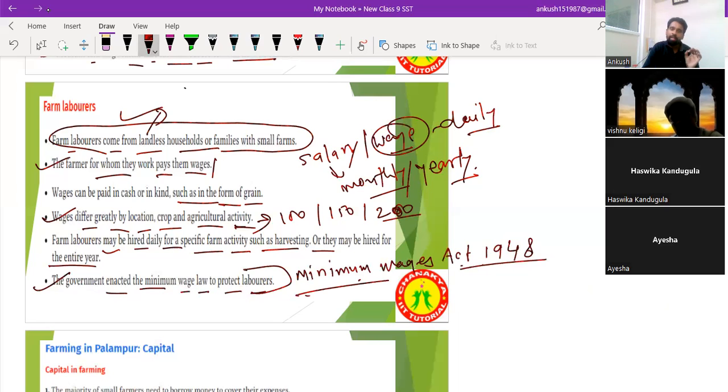Almost every year, and within every 5 years, we may see changes in the Minimum Wages Act.